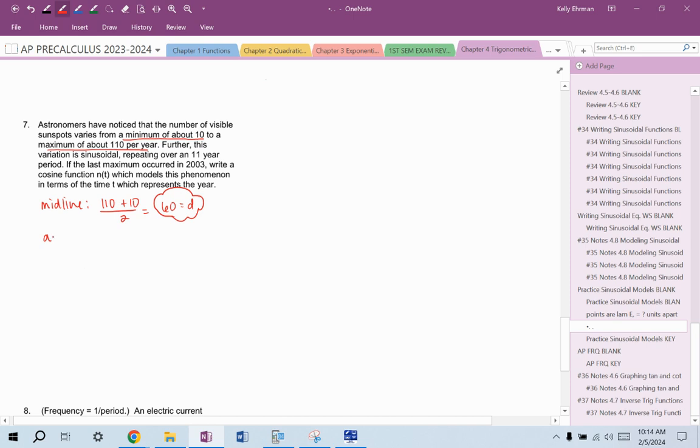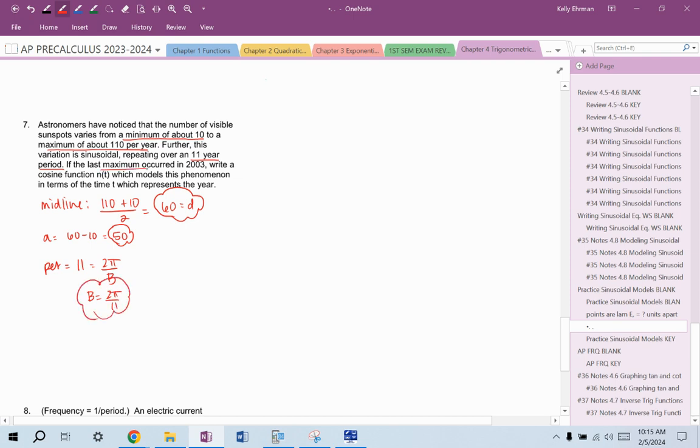And we can find A. It's the distance between midline and minimum, or midline and maximum, whatever, it's 50. So there's A. Further, this variation is sinusoidal, repeating over an 11-year period. So period is equal to 11, which is equal to 2 pi over B. So B is 2 pi over 11.